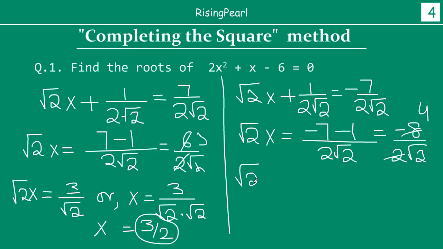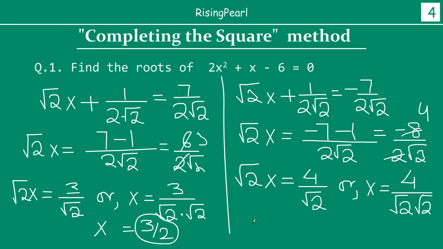So we have square root 2x equal to 4 divided by square root 2, or we can say x is equal to 4 by square root 2 times square root 2, or x is equal to 4 by 2. So 2 1s are 2, 2 2s are 4. This should be negative. I think we lost the negative sign. So minus 8, so this should be minus 4. This is minus 4, and this is minus 2.